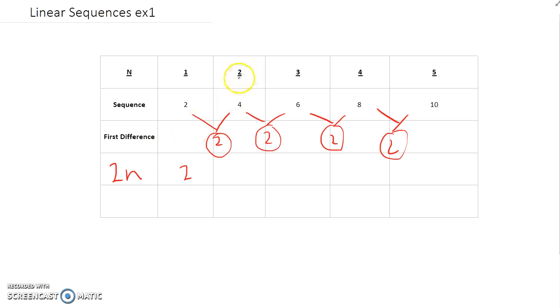If I put 2 into 2n, I get 2 times 2, which is equal to 4. Likewise with the next one, if I substitute 3 into 2n, I get 6. You can try the other ones, but the next ones will be 8, and then 10.